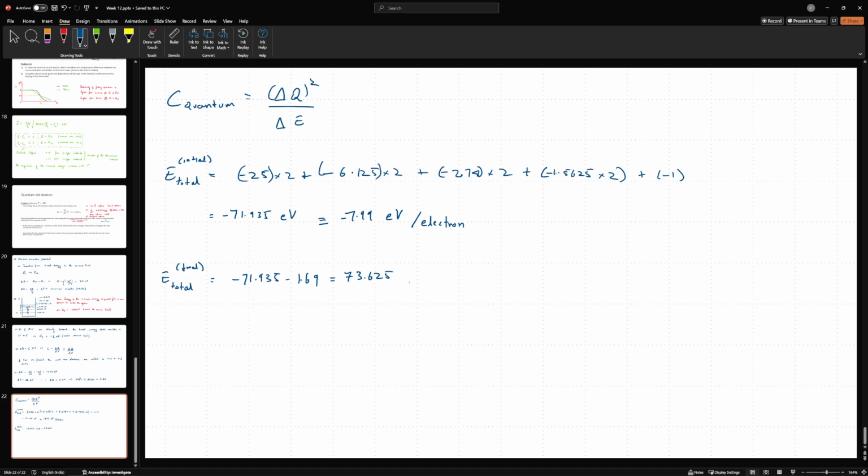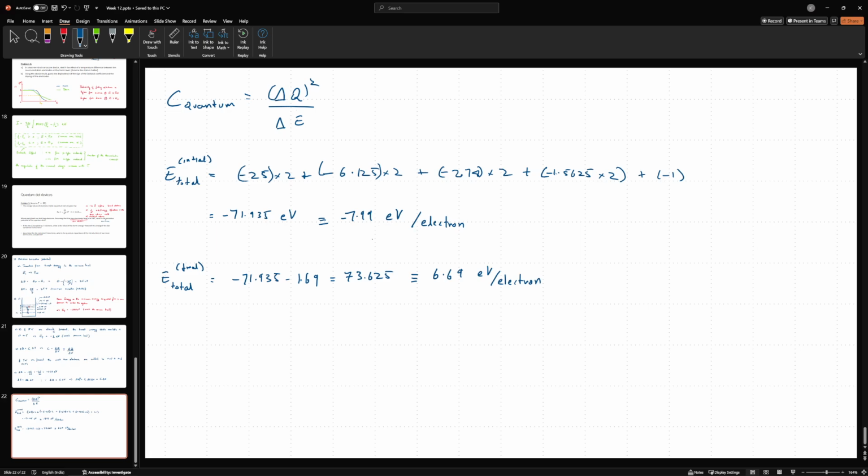Now this divided by 11 electrons, because now there are 11 electrons present in the system. So this will be equivalent to 6.69 per electron. So this is what I need to calculate per unit charge.